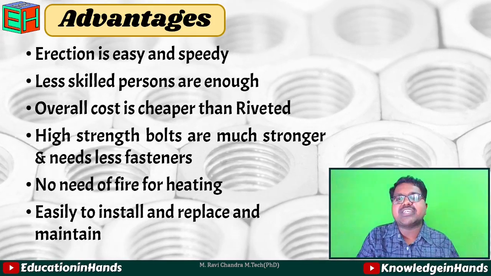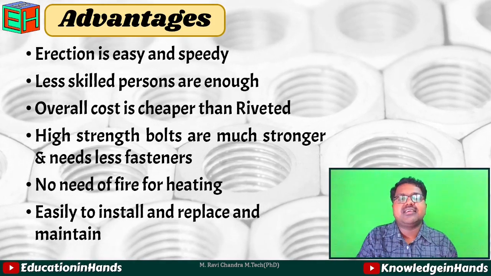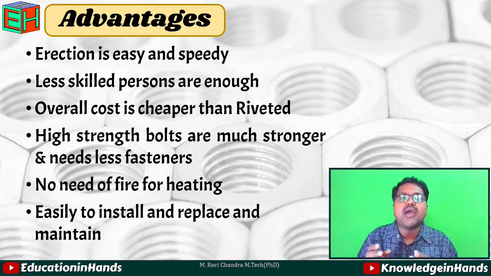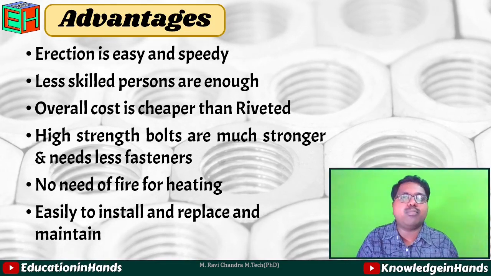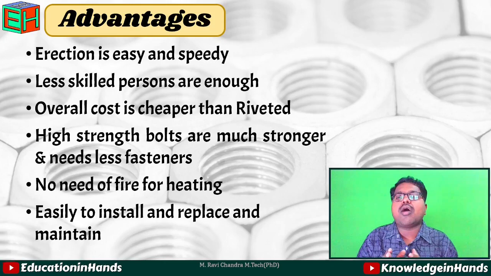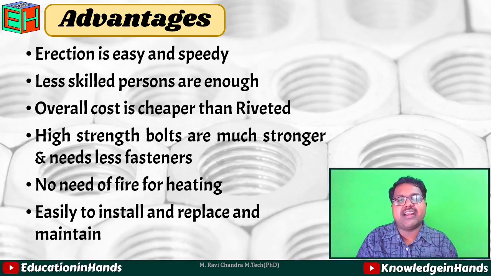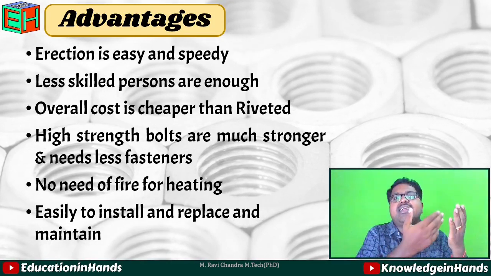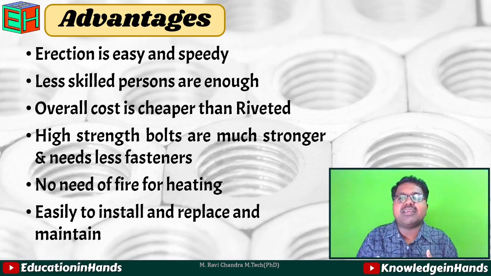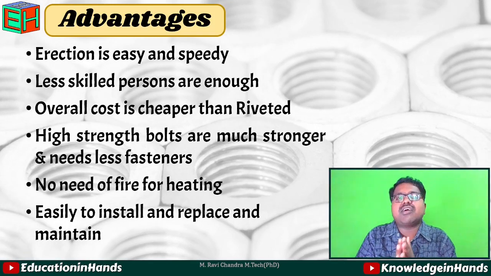Compared to riveted connections, a basic knowledge person about the bolt can also fix the bolt. Overall cost is cheaper than riveted. Whenever a skilled labor is not required, obviously the cost of the bolting will be less, and there is no need of heating also in these bolting connections.